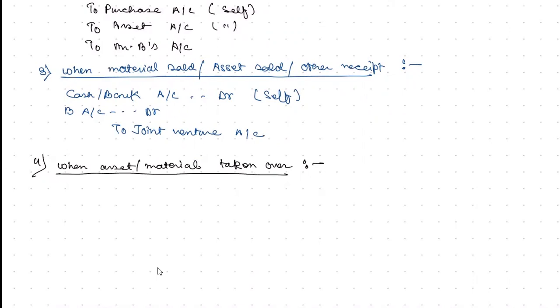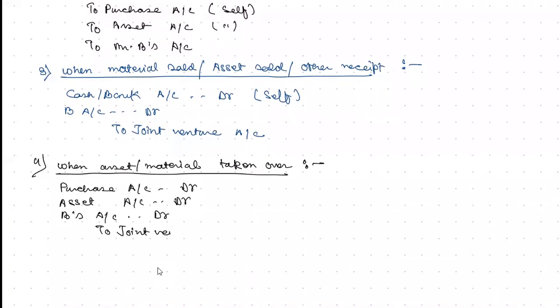But if asset is taken over by the one co-venturer who is maintaining his own books, तो उसके लिए क्या होगा? परचेस अकाउंट इफेक्ट होगा. परचेस अकाउंट विल बी डेबिटेड. ओके. इफ असेट इज देयर, देन असेट अकाउंट विल बी डेबिटेड. लेकिन ये अदर को-वेंचरर हो तो उसका अकाउंट डेबिट हो जाएगा, और ज्वाइंट वेंचर का तो इनकम है ही. These both are when the books belong to that same co-venturer, but if it is of others, सेम एंट्री दूसरे के बुक्स में भी होगी. करेक्ट.